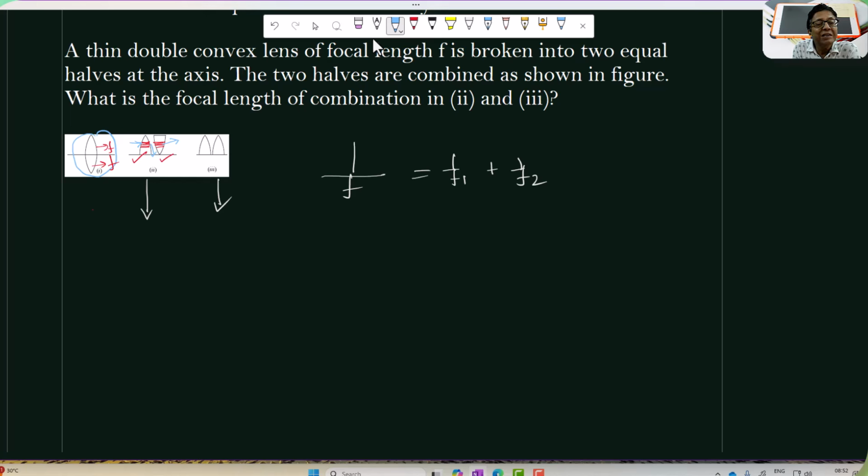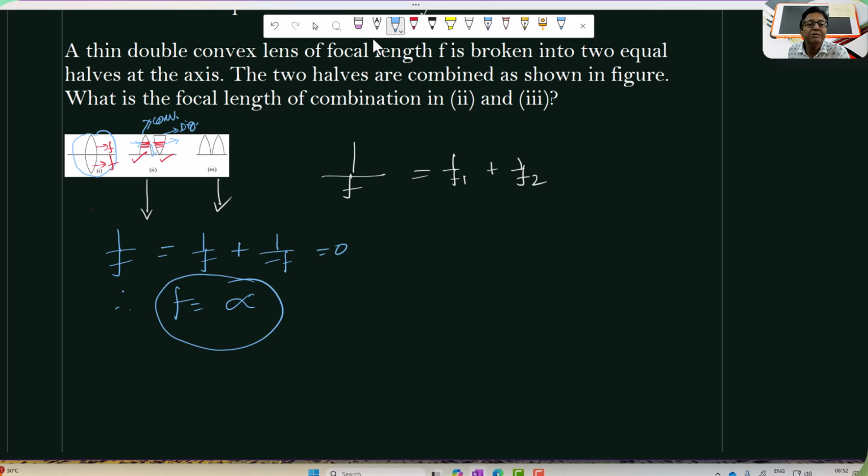So in this case, it will be a converging one. Although both are converging, if you keep them this manner, it will behave like a diverging one. So in the first case, 1 by f is 1 by f plus 1 by minus f, which is 0. So f is going to be infinity in the first case.